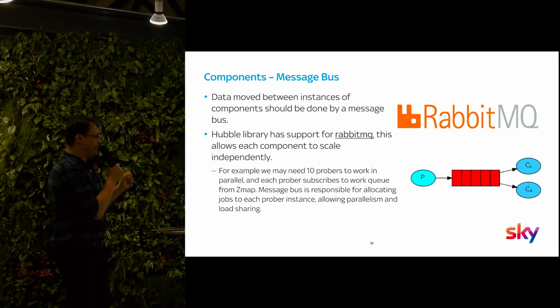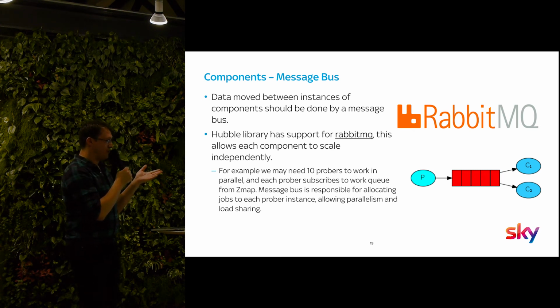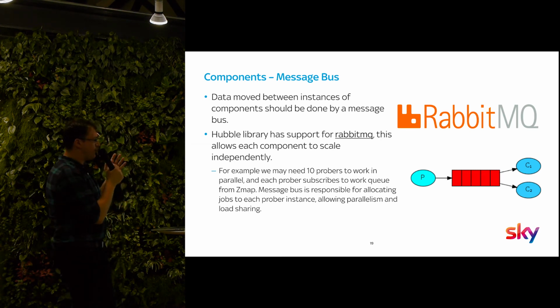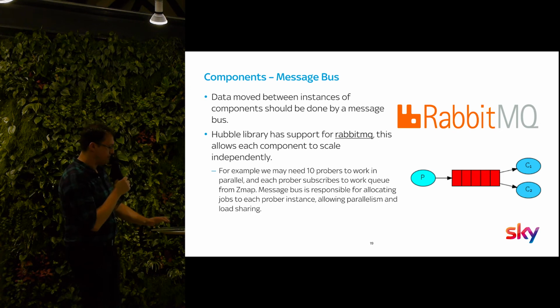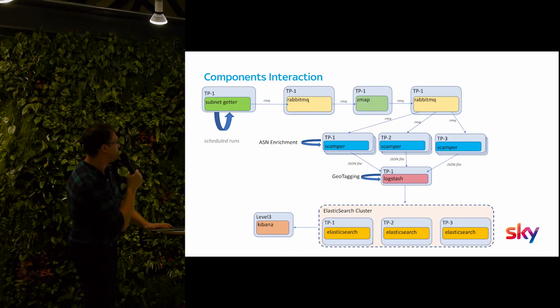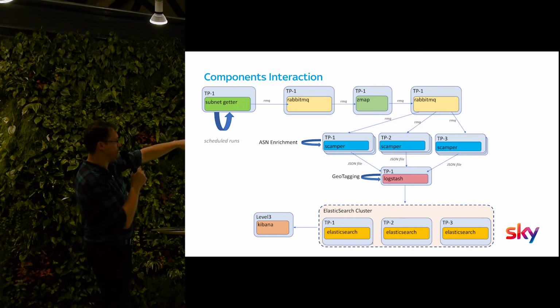And as I said, we use RabbitMQ for the message bus. So here, for example, the subnet getter gets the subnets, and RabbitMQ sends them to ZMap, and here in the right hand corner it multiplies: it sends each packet three times to Scamper.